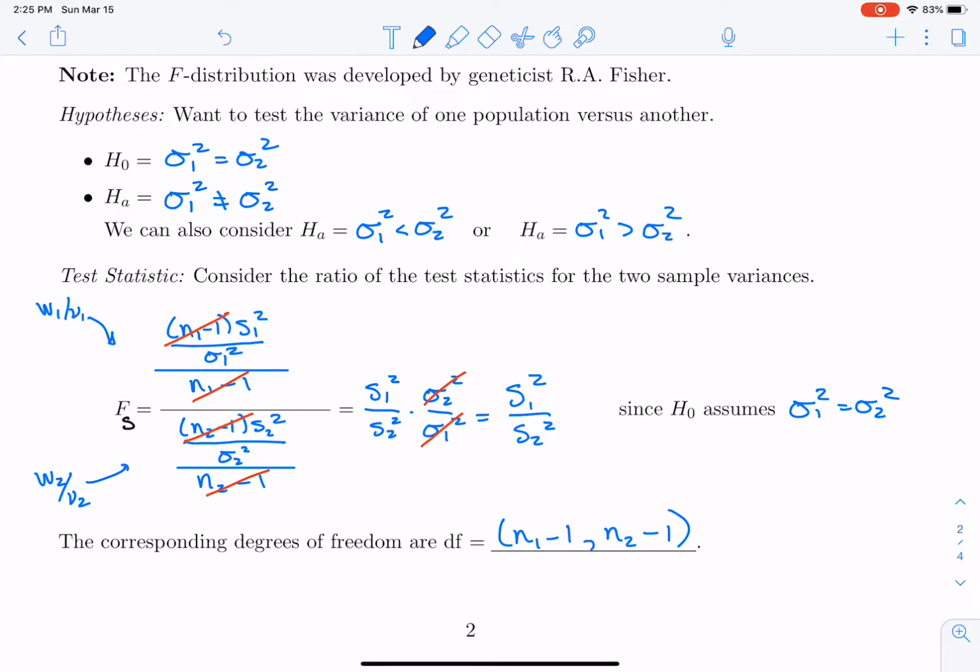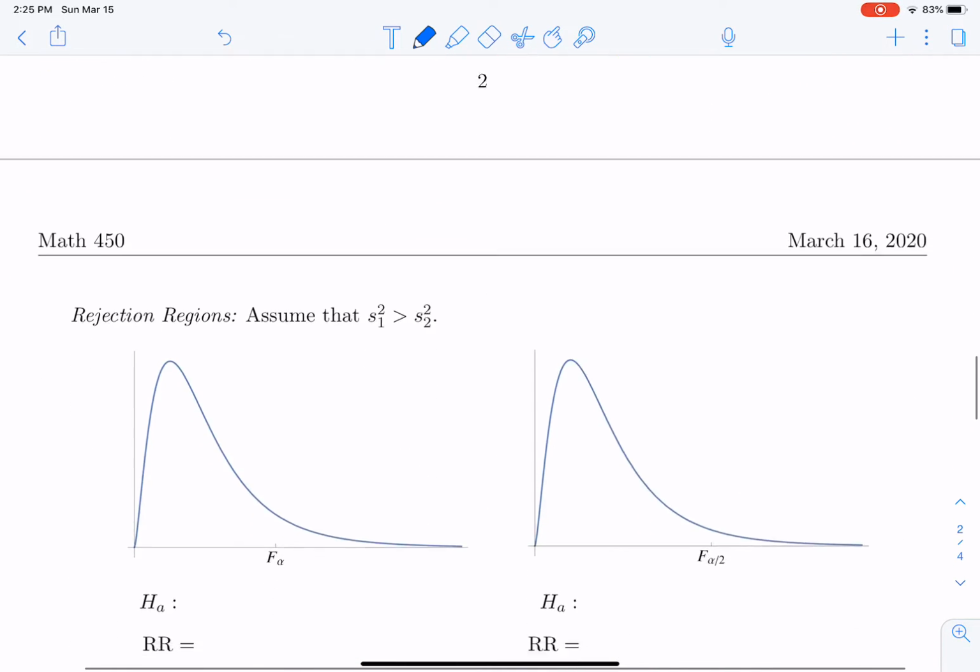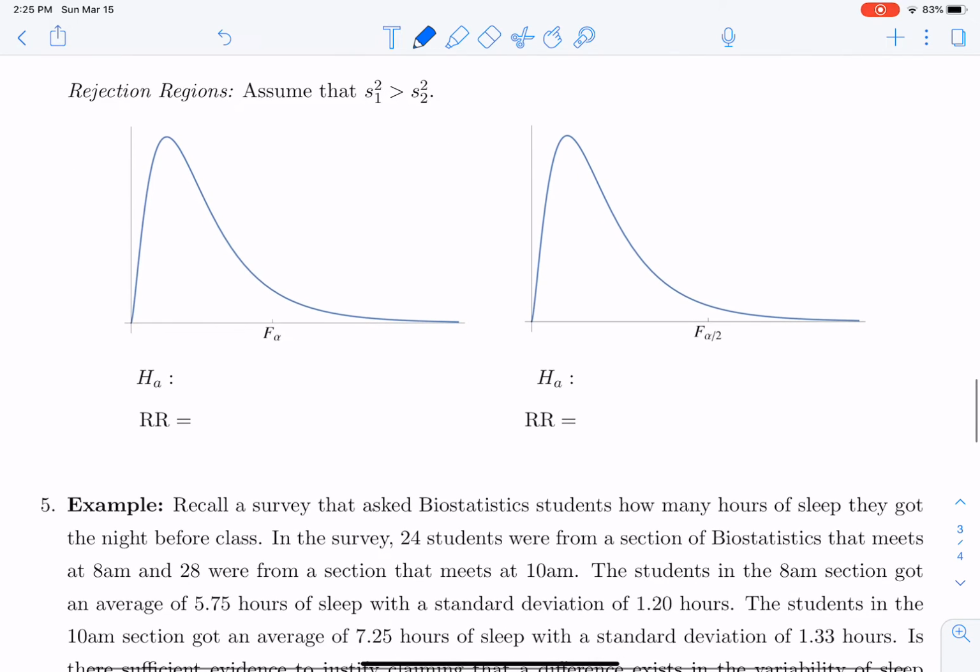So we're going to want to look at the rejection region for this test statistic. Okay, so we'll consider two different rejection regions. We will assume that S1 squared, the variance of the first population, is actually bigger than the variance of the second population.